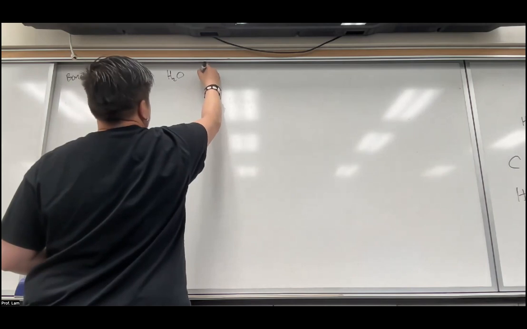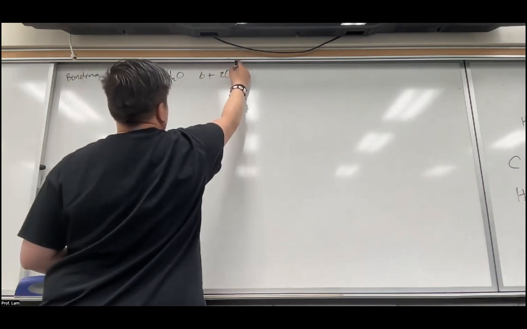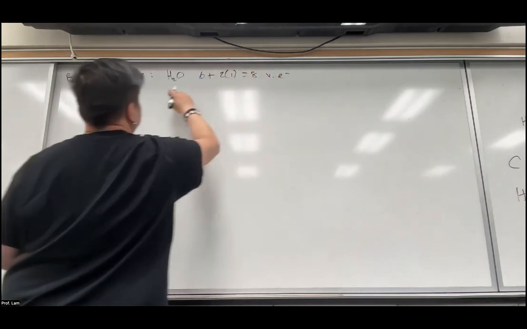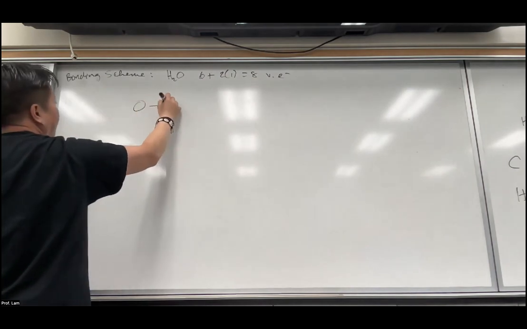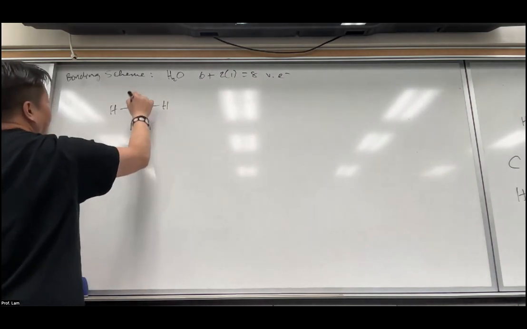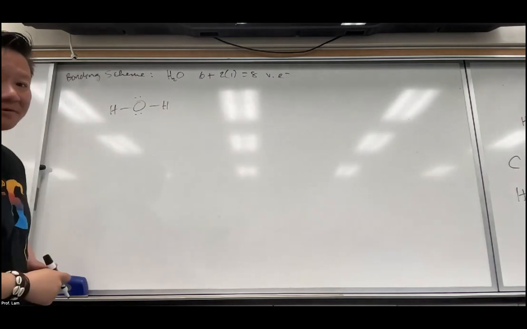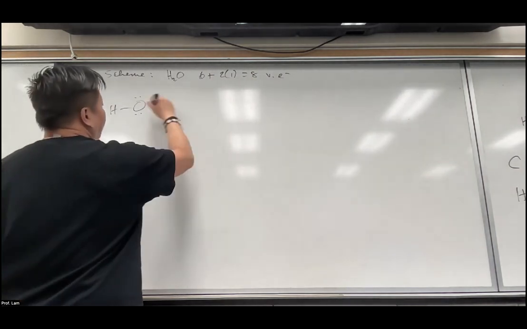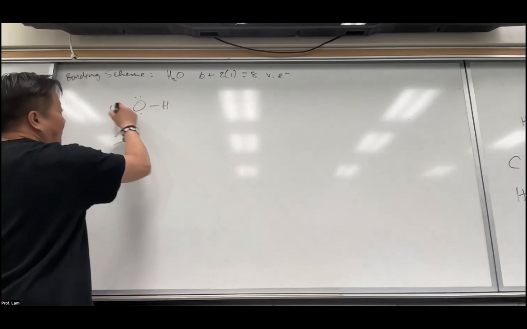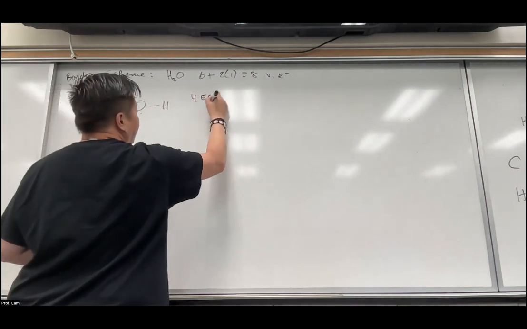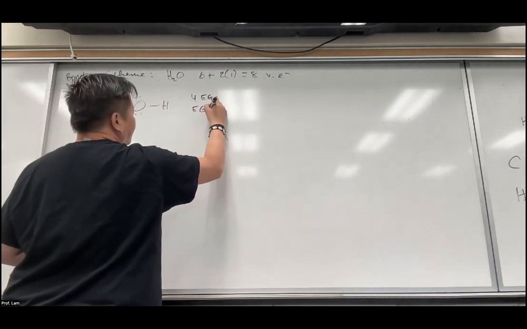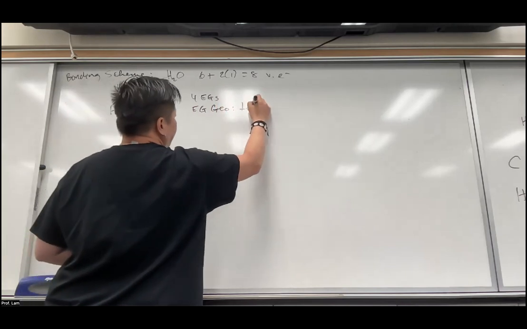So that's 6 plus 2 times 1, 8 valence electrons. So oxygen, something like that. Okay. How many electron groups? 1, 2, 3, 4. So again, we have the electron group geometry of tetrahedral.